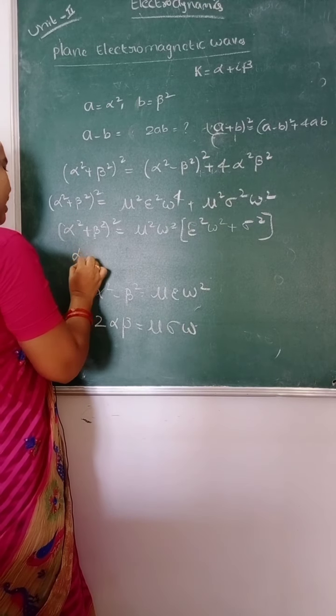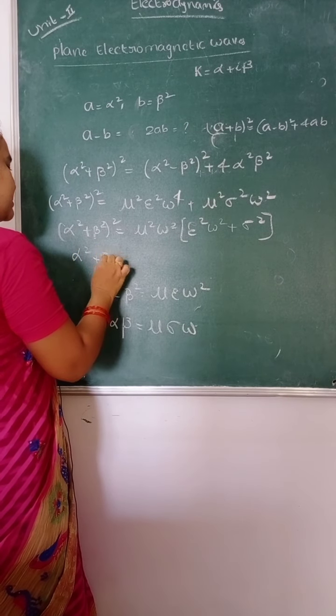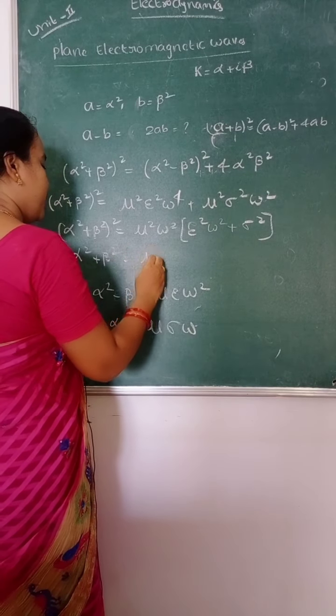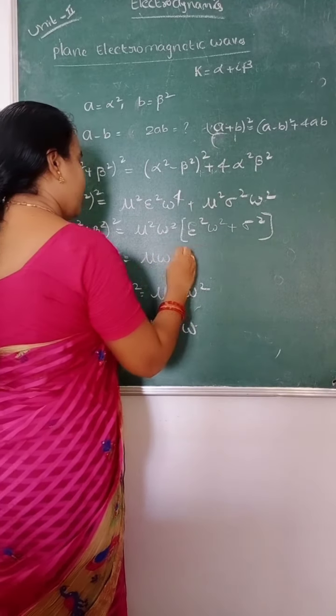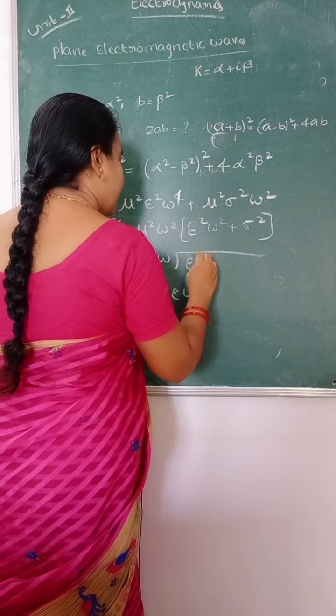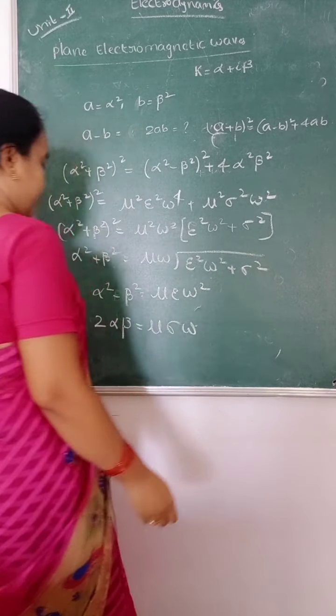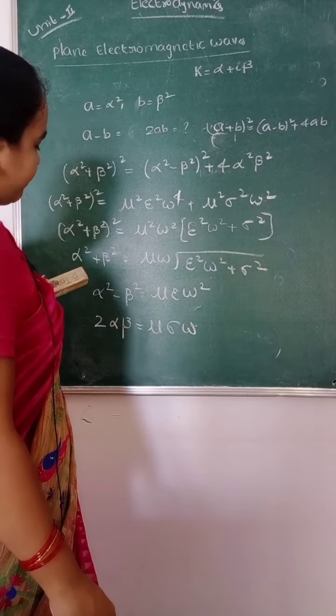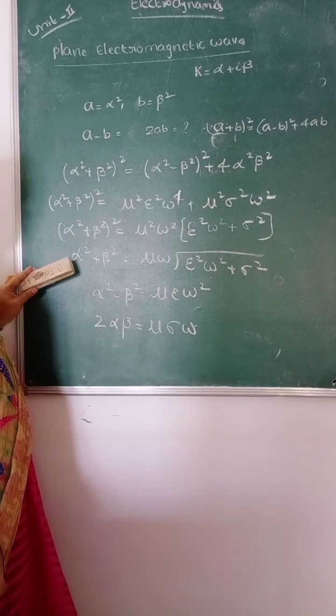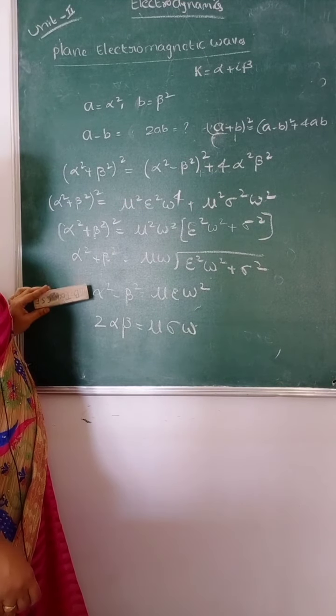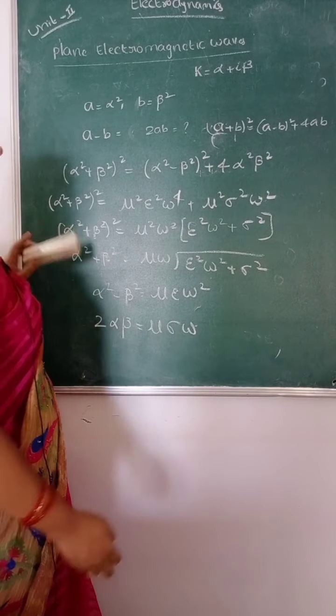Then alpha square plus beta square becomes mu omega root of epsilon square omega square plus sigma square. So we got the values of alpha square plus beta square and alpha square minus beta square.